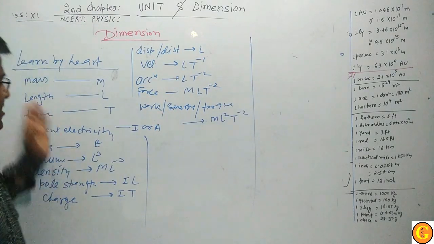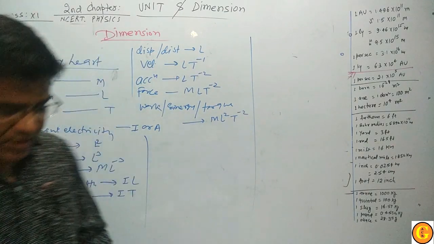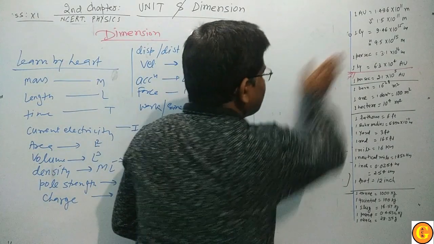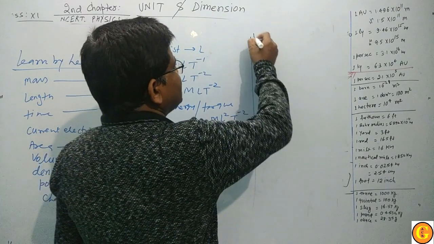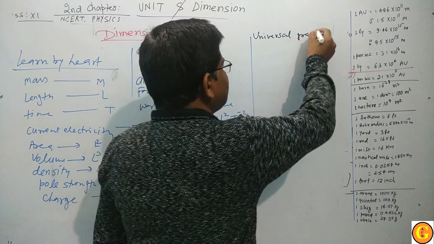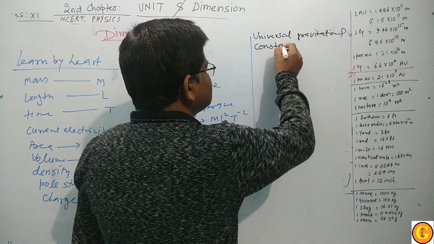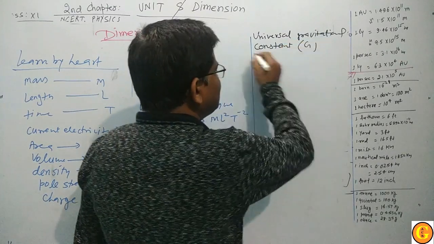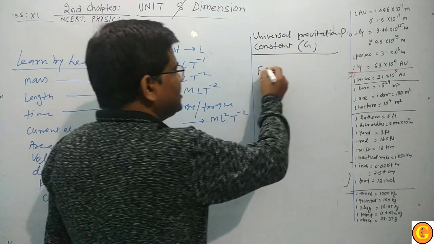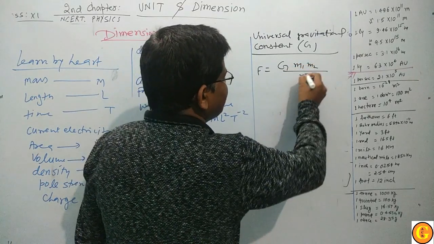These physical quantities are very important to derive the dimension of other physical quantities. As for example, the universal gravitational constant, capital G, is more common. As you know, F is equal to G m1 m2 by r square, gravitational force.